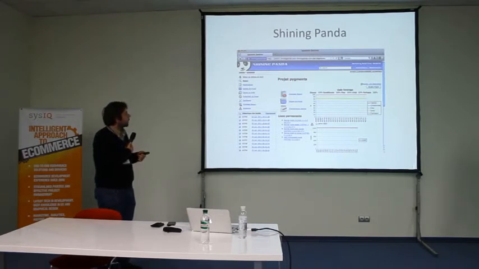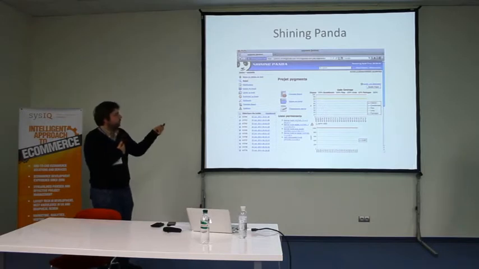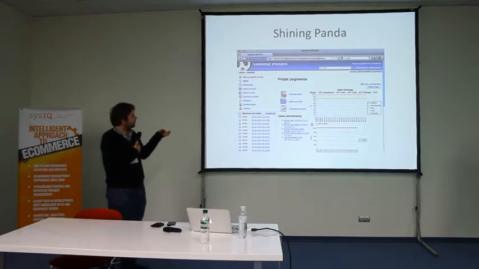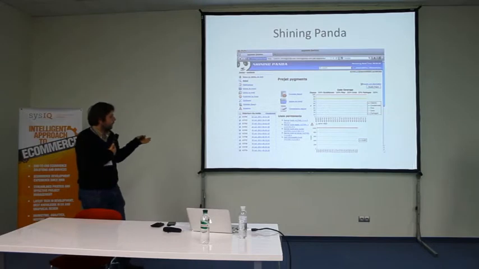Shining Panda. Shining Panda is a continuous integration tool for Jenkins. You can have a Jenkins build. You pay for it, and you can easily install it.